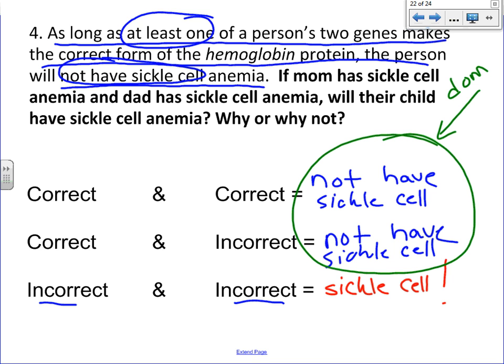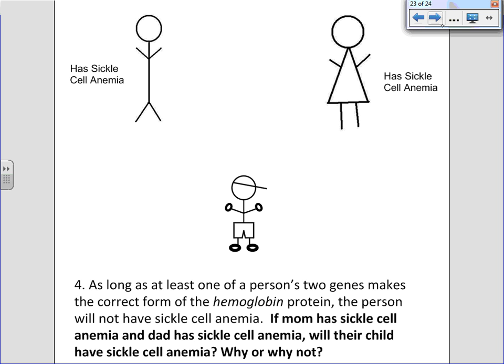Now, you might be asking yourself, why do we go through all this? Well, in order to answer this question, we actually need this information. So here's the same question, and here's, let's call him Marco in this case. All right, Marco has two parents. In this case, we see that dad has sickle cell anemia and mom has sickle cell anemia.